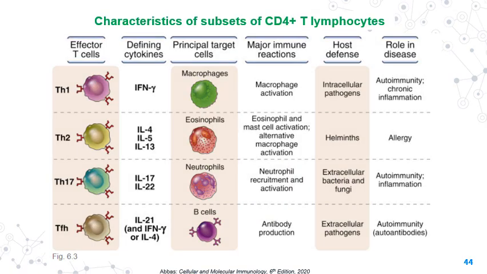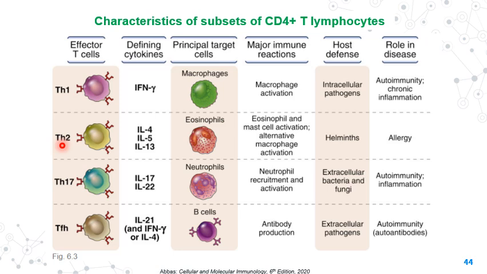Now, different career path. Each one of those is going to produce a certain defining cytokine of each type. You're going to go one by one. So Th1 is going to be interferon gamma. What is the most important job of interferon gamma? It is to activate macrophages for them to destroy the thing that they have eaten.